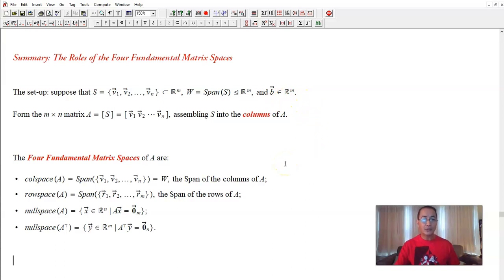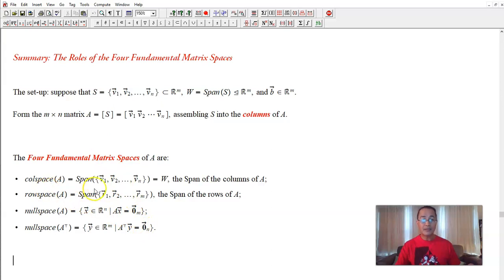Now, as usual, we will form the m by n matrix A, which we called the matrix of S, where v1 through vn are the columns of our matrix A. As usual, let's review. What are the 4 fundamental matrix spaces of this matrix A that we just made?